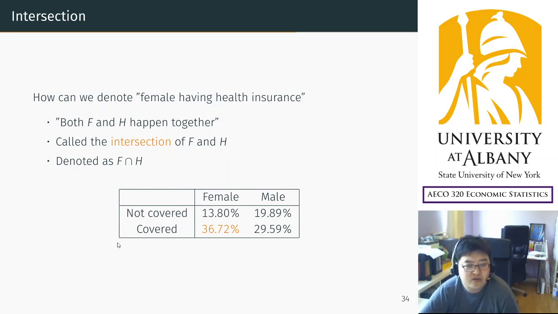On the table, among these four outcomes, the intersection includes only one outcome, because female is these two outcomes, and health insurance H includes these two outcomes, and we only take the outcome that is included in both events: female with health insurance. So only 36.72 is included in both.